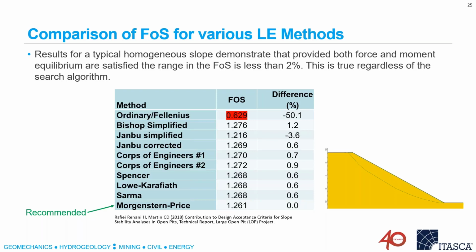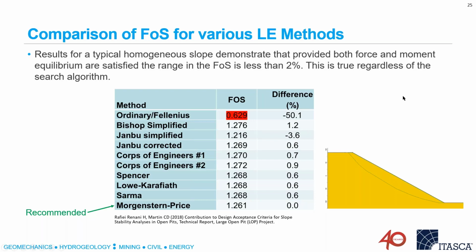And what we find is there are all kinds of methods. Most of them are listed over here, which you can use. They have different formulations for looking at the search algorithm, different algorithms for side forces and so on.